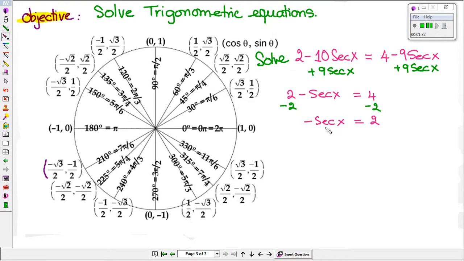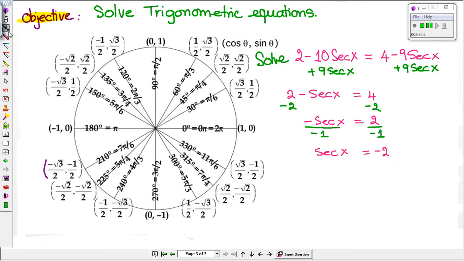We have to go ahead and divide both sides by negative 1. Then we end up with secant of x by itself on the left side of the equation, and on the right side we simplify this quotient, so that will give us negative 2.